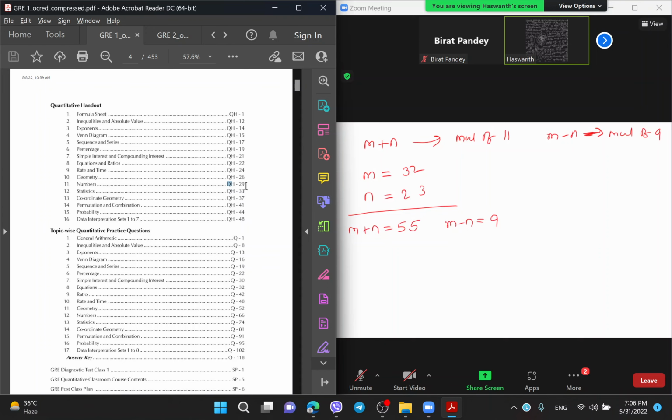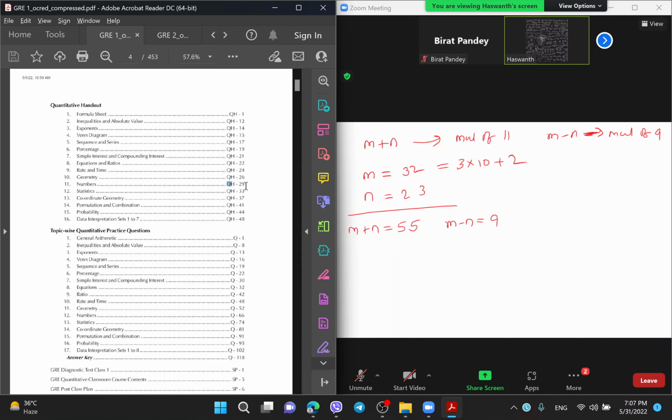And to generalize this, for example, if you take 32, we can write it as 3 into 10 plus 2. 3 into 10 plus 2 is nothing but 32 only. Any number you can expand like thousands place digit into thousand, hundreds place digit into hundred, tens place digit into 10, units place digit into one, like that. Here we are talking about a two-digit number.